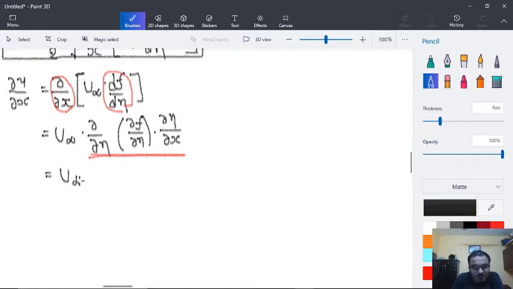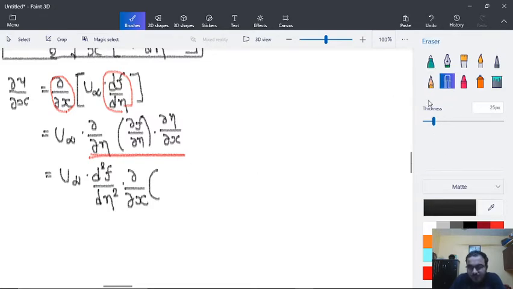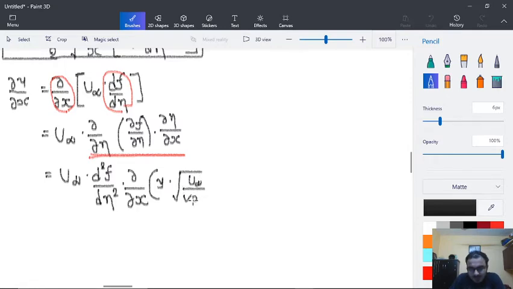So here it is already u infinity into d2f over d eta square into, that is based on the first two, and then del over del x into, instead of eta we can write down u infinity, sorry, y into square root of u infinity divided by nu into x.